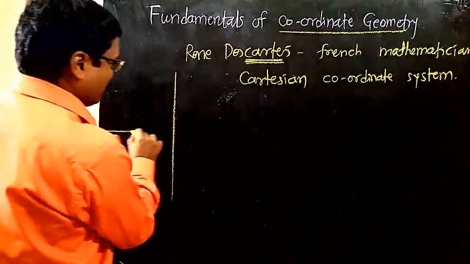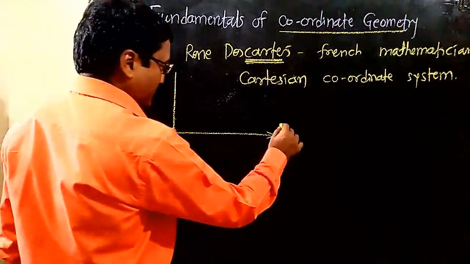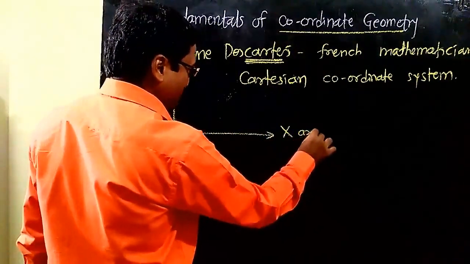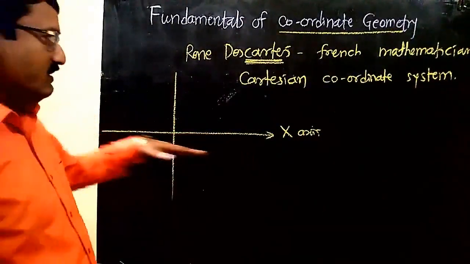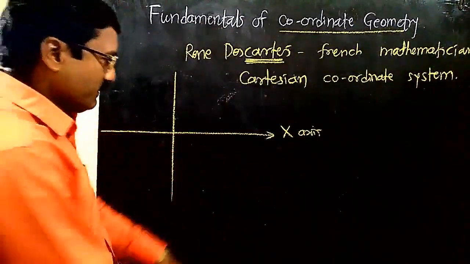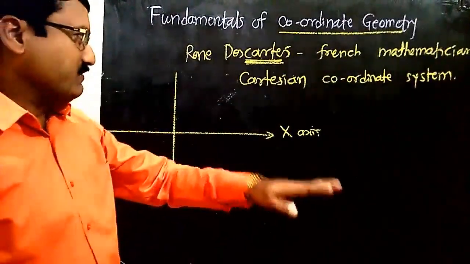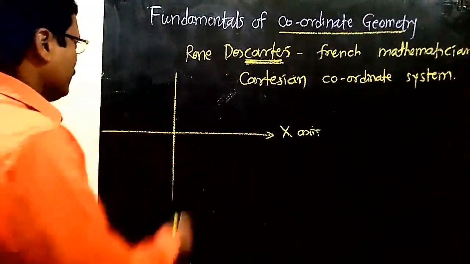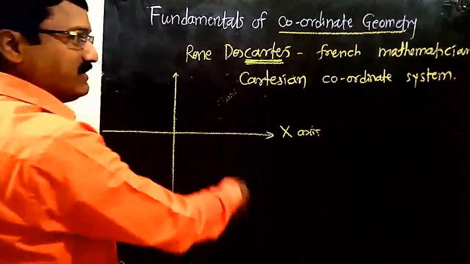In the Cartesian coordinate system we take this line as x-axis. This x-axis is nothing but a line which is parallel to the horizon. We can draw a line anywhere parallel to horizontal, and that we will consider as x-axis. Obviously this x-axis has infinitely many perpendicular lines.